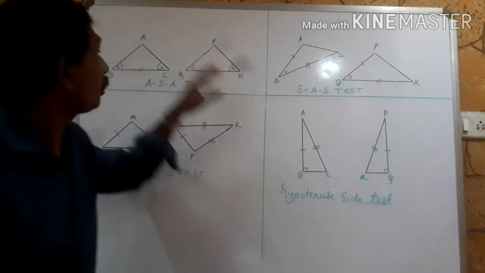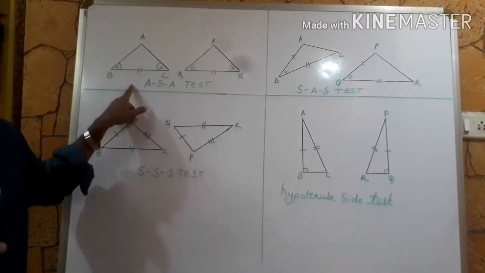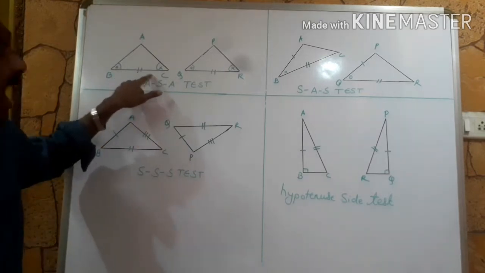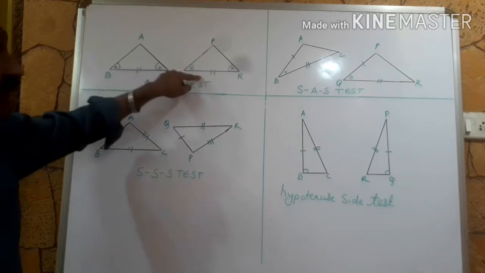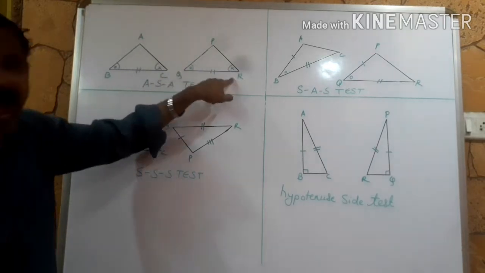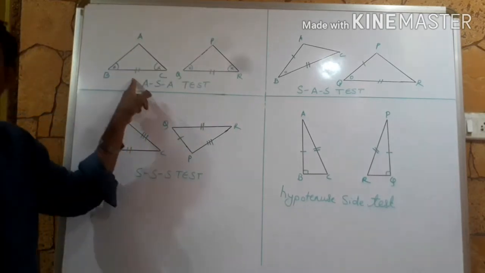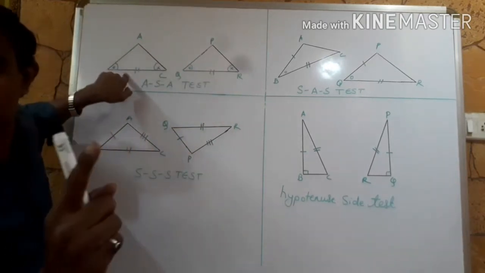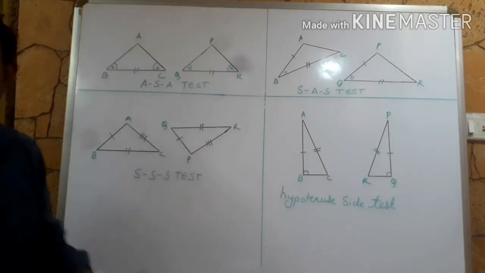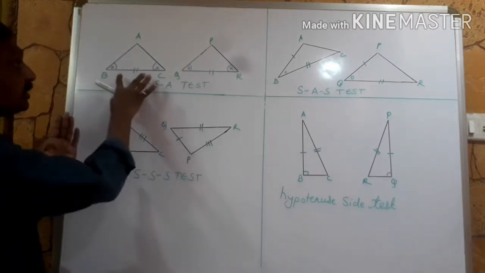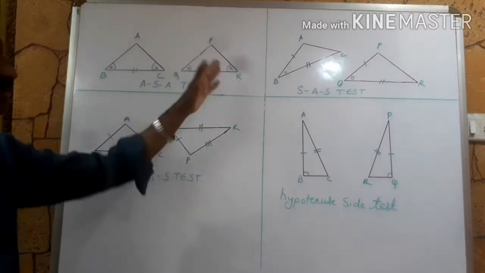Let us study congruence of triangles. In a correspondence, if two angles of triangle ABC are equal to two angles of triangle PQR and the sides included by the respective pairs of angles are also equal, then the two triangles are congruent.